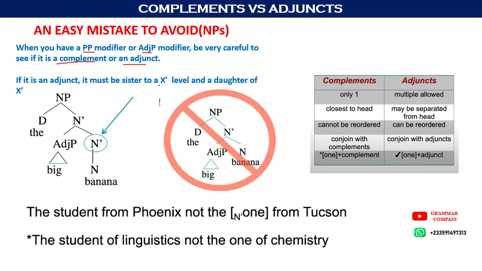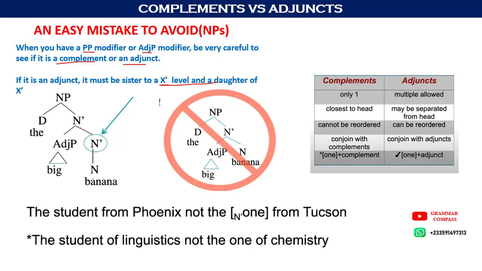It must be sister to X-bar and a daughter of X-bar. Take note. So over here we have the big banana. Now adjective phrases are adjuncts, so they must be sisters to what? To N-bars and daughters of an N-bar, since it is an adjunct.